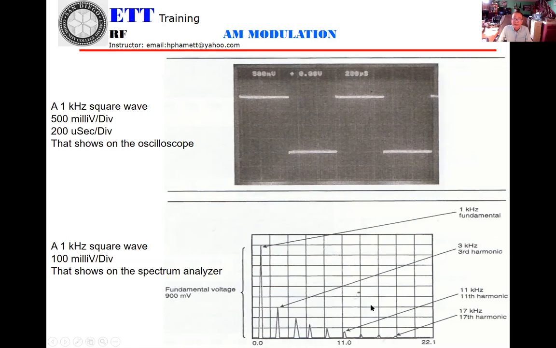Hopefully now you can understand what this means here. Fundamental, then the third harmonic and so on. We're not using even harmonics, just odd harmonics. If you look at the same square wave on the spectrum analyzer, you can see what the display looks like.